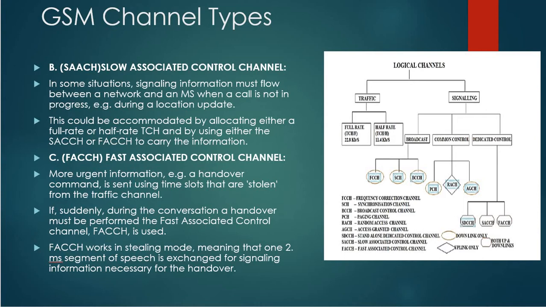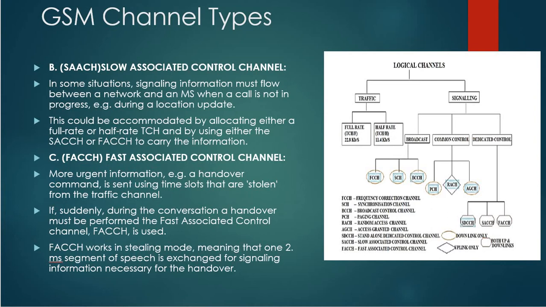One more example of this slow associated control channel is during a location update. If there is no call in progress and it's needed to update the location, then it initiates this slow associated control channel during these situations.